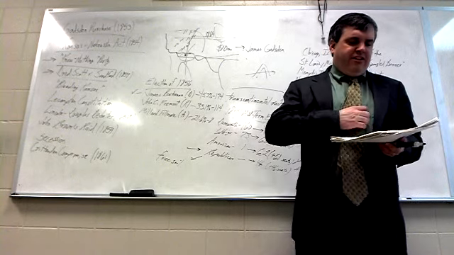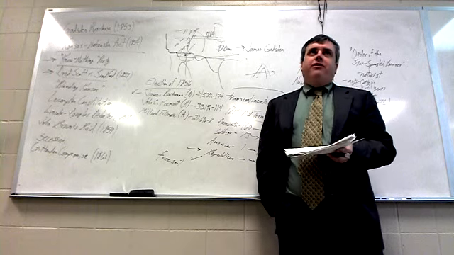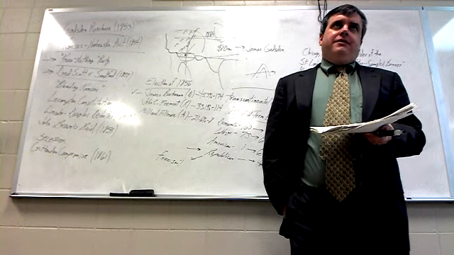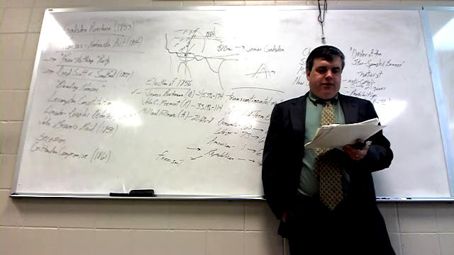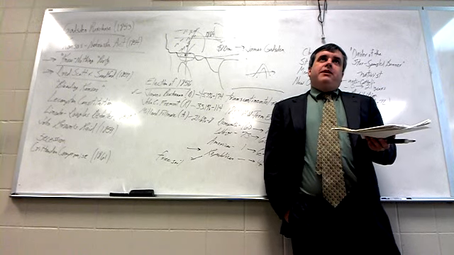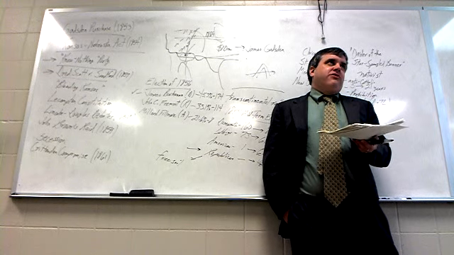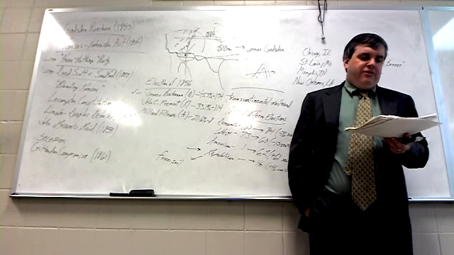After his owner's death, Dred Scott sued for his freedom, claiming he had lived for so long in an area where slavery was banned, namely Wisconsin and Minnesota, that he should be considered a free man. Simply because where he was, slavery was illegal, he should not be considered a slave.